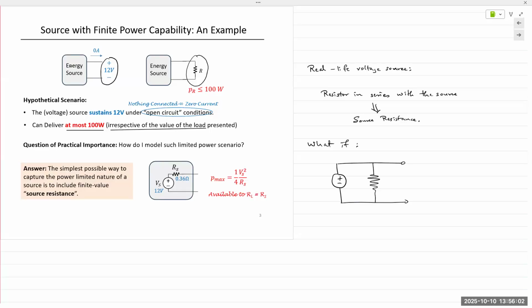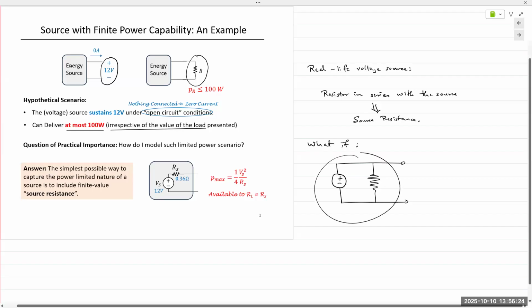What is the property of a voltage source? Property of a voltage source is to supply its rated voltage irrespective of what is connected between its two terminals. So if we have a resistor in parallel with the voltage source, no matter what value that resistor has, the voltage source is going to supply that energy. So we cannot accurately model this.